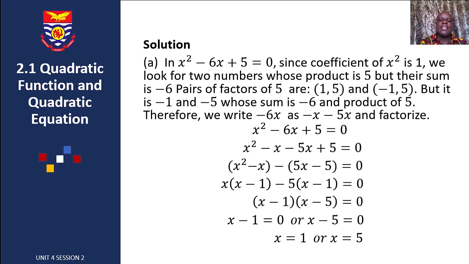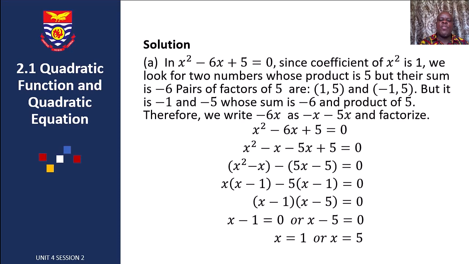Then the first two terms are put into parentheses, and the last two terms are also put into parentheses. Because of the negative that comes before the parentheses, the sign in the bracket must change. That is how come in the bracket you have 5x minus 5.